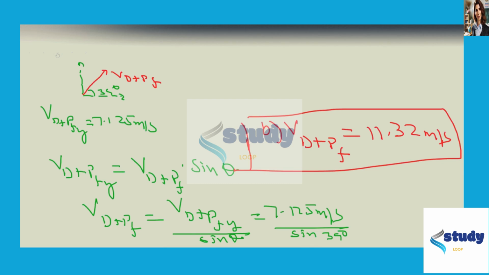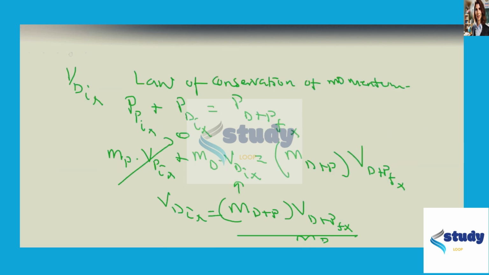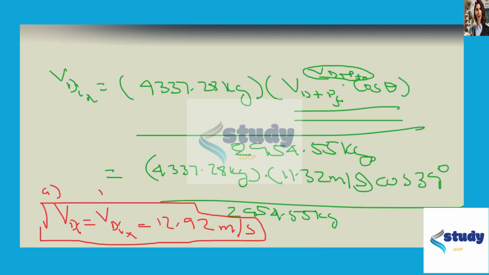Using that and the law of conservation of momentum in the x, we're able to get the initial velocity of the Durango in the x direction, which is exactly the same as the initial velocity of the Durango.